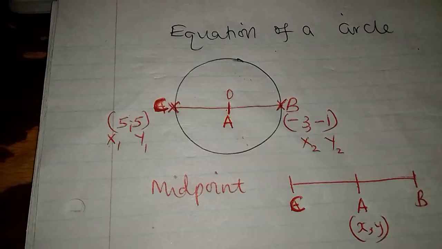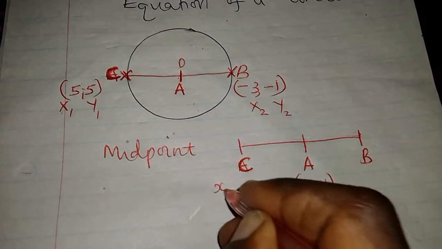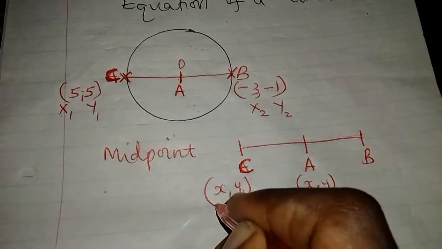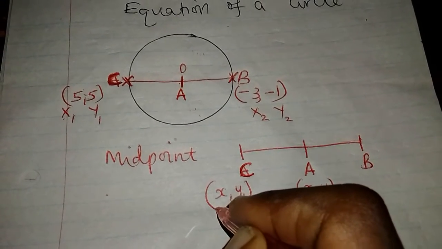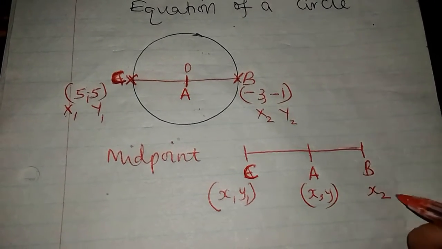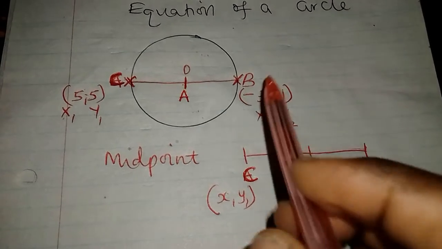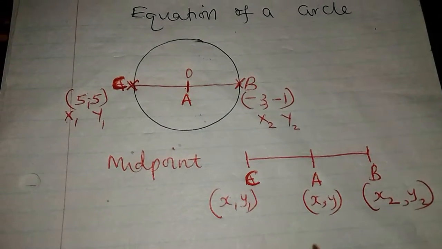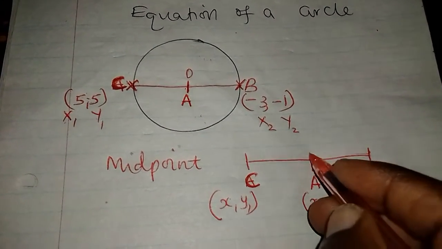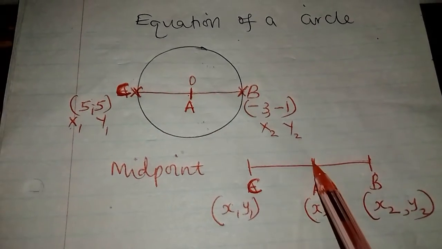Now, going forward, I can have x1, y1 on the left hand side of this line, or circle, for that matter, and x2, y2 on the right hand side. So how do I get the coordinates x, y, the center of the circle, or the midpoint of this line?